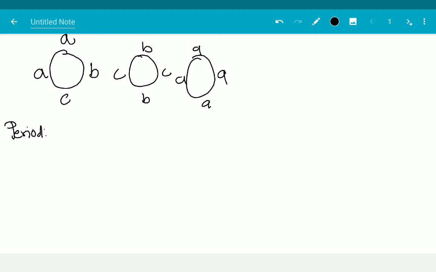Starting from the top, which is not the same as the original, and I need to turn it 4 times to get it back to the original state. Compared to that, I need to turn this only once, twice, and this one only once. Keep in mind, period always has to divide n, because after n turns, you're always going to come back to the original.